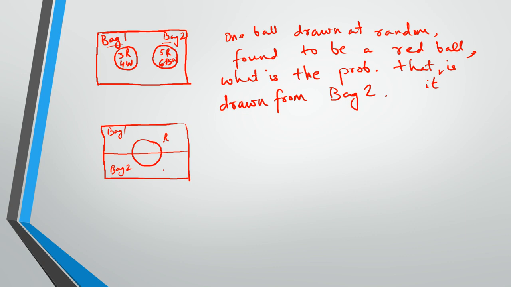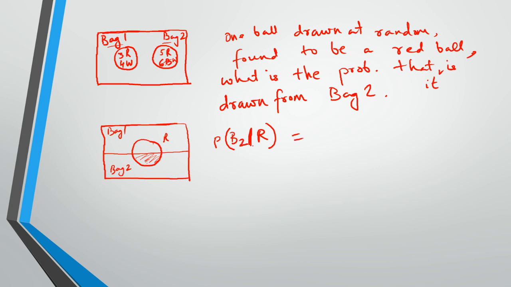So what is the probability that it is drawn from bag 2? I need to find this part. It said it's a red ball. What is the probability that it came from bag 2?